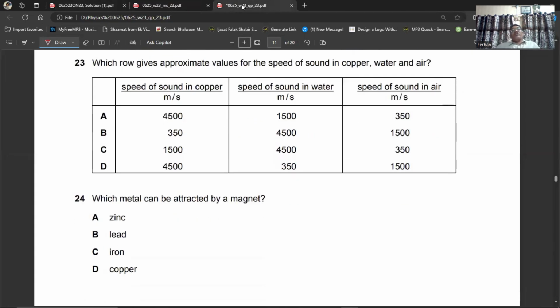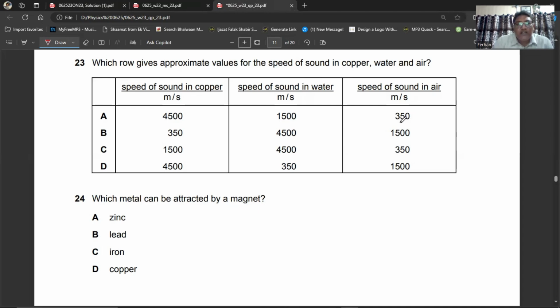Question number 23. Which row gives approximate values for the speed of sound in copper, water, and air? Copper is solid, so the speed must be highest. Water is liquid, so here the speed should be medium. And air is gas, the speed must be lowest. In air, we know that speed is approximately 300, 320, maybe 350.